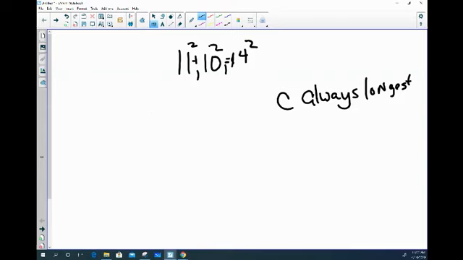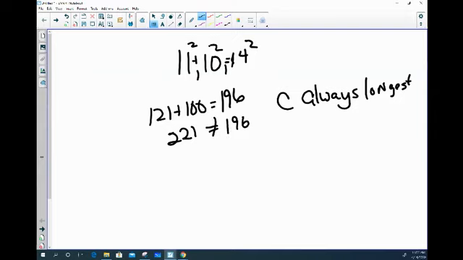So I have 11 squared, which is 121, plus 10 squared, which is 100, has to equal 14 squared. Well, 14 times 14 is 196. Plugging it into my calculator, I can see that this is 221, and it's definitely not the same thing as 196. So this is not a right triangle.